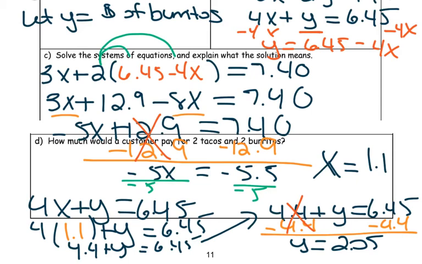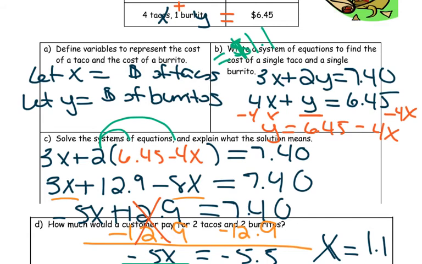So then I could say the cost of the burrito, if I go back up here, is $2.05. So that essentially answers number 3.